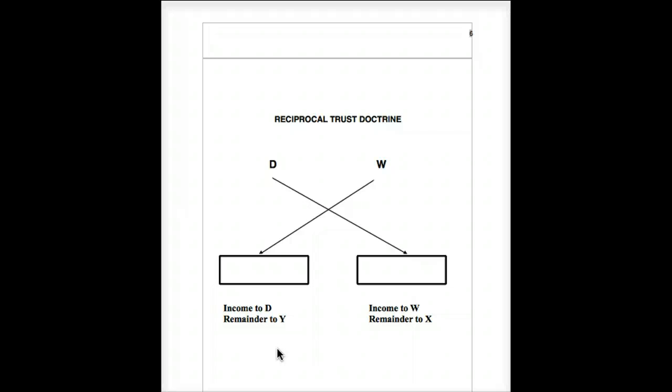And then the final thing that I want to go over again is that if you have a power or retention of a power to remove a trustee and make yourself a trustee, say when the power is only to replace one independent trustee with another independent trustee, it will not pull the property back into the decedent's estate.